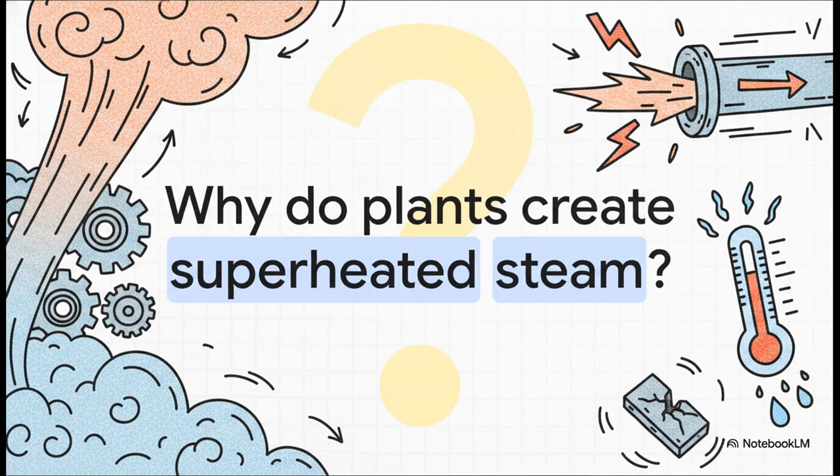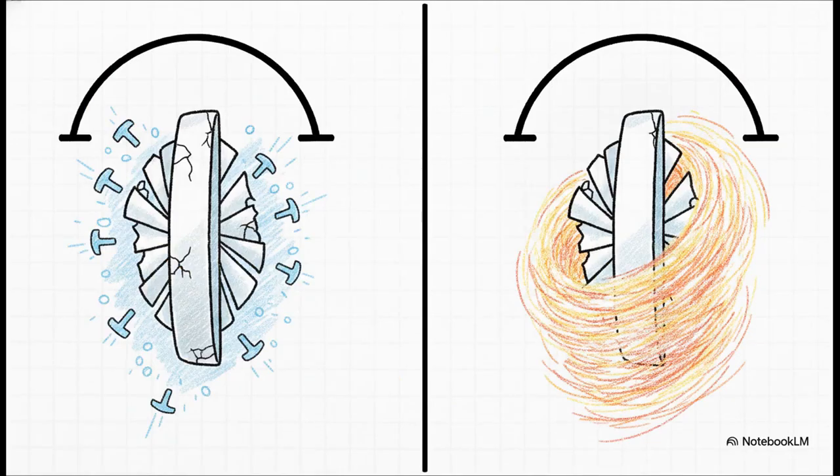So with water expanding so violently, controlling the exact state of that steam is absolutely critical for efficiency and for preventing equipment damage. You'd probably think turning water into regular steam is enough, but the exam materials heavily emphasize this concept of superheated steam. Why go to the extra effort and the extra expense to push that temperature even higher? Well, the answer lies in the moisture.